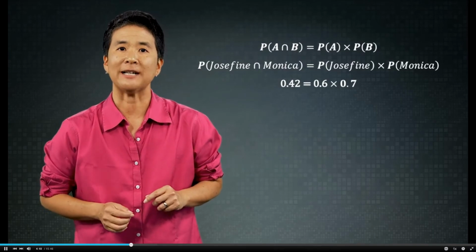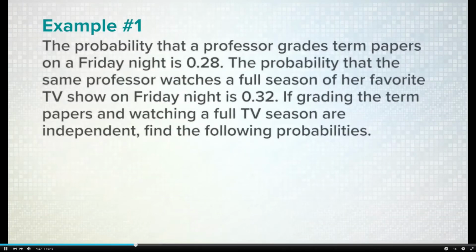Let's look at our first example. Remember that professor deciding between term papers and watching TV? She's back. The probability that a professor grades term papers on a Friday night is 0.28. The probability that the same professor watches a full season of her favorite TV show on Friday night is 0.32. If grading the term papers and watching a full TV season are independent, find the following probabilities.